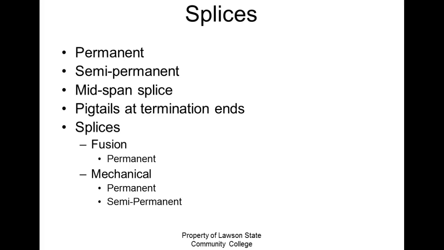And what we do with a fusion splicer is we literally melt the glass together. This should be the most accurate splice, or the best splice you could make. Our fusion splicer is a single splice fusion splicer, and cost us almost $8,000.